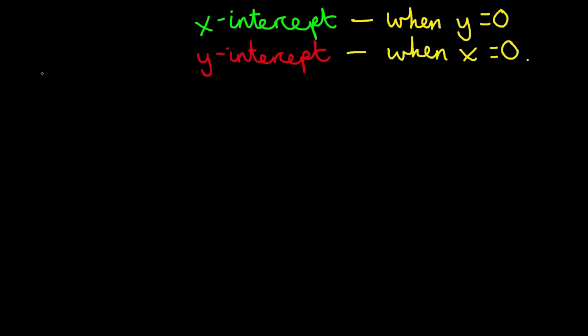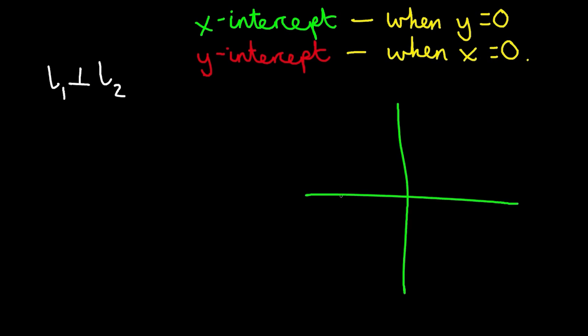Let's say we have two lines. We call the first line L sub 1 and the second line L sub 2. This is the symbol for perpendicular. So L sub 1 is perpendicular to L sub 2. So let's have a graph, and we have this line and we have this line.